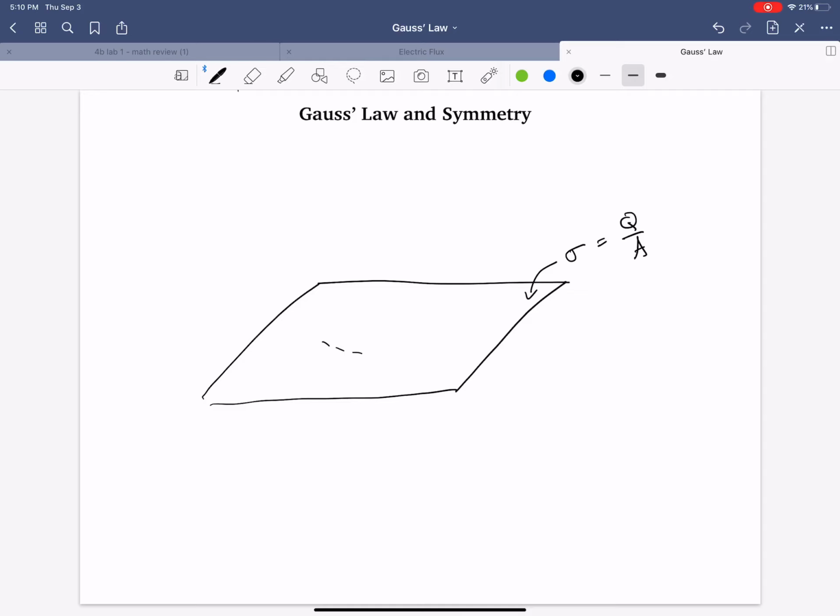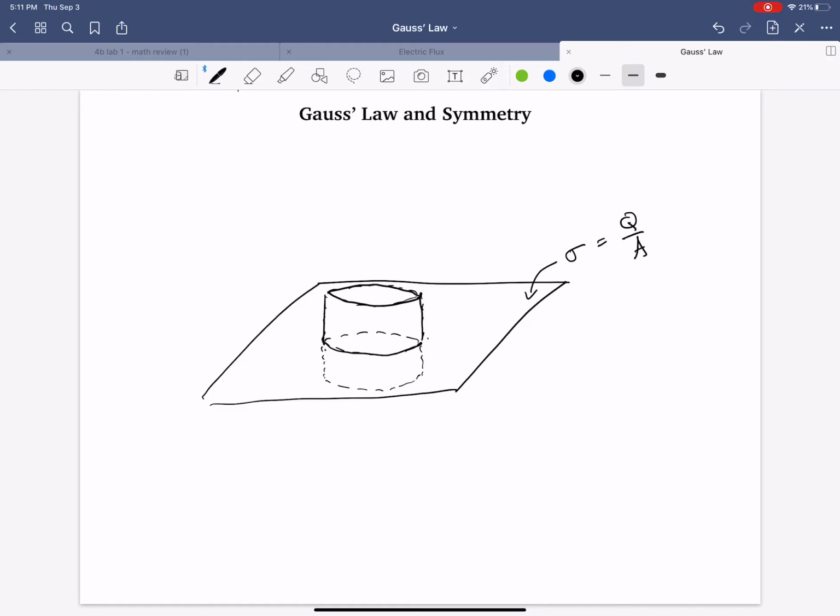For a sheet, it's actually a cylinder again. I guess on top I can do solid lines. There we go. So it's a cylinder on top, and on the bottom, it's the exact same.